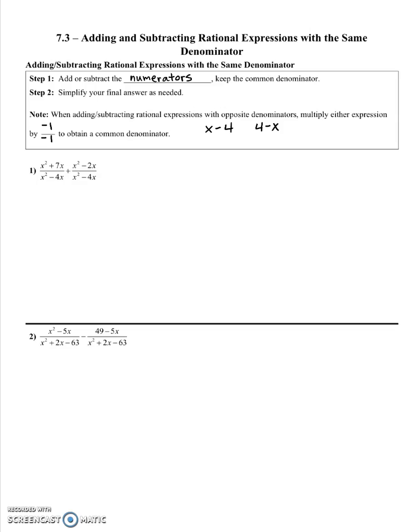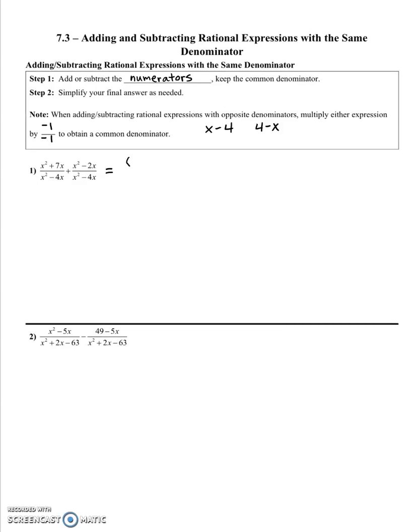So if we look at the first problem, we have x squared plus 7x divided by x squared minus 4x plus x squared minus 2x divided by x squared minus 4x. So the first thing we should notice is that our denominators are the same. So all we have to do is add the numerators.